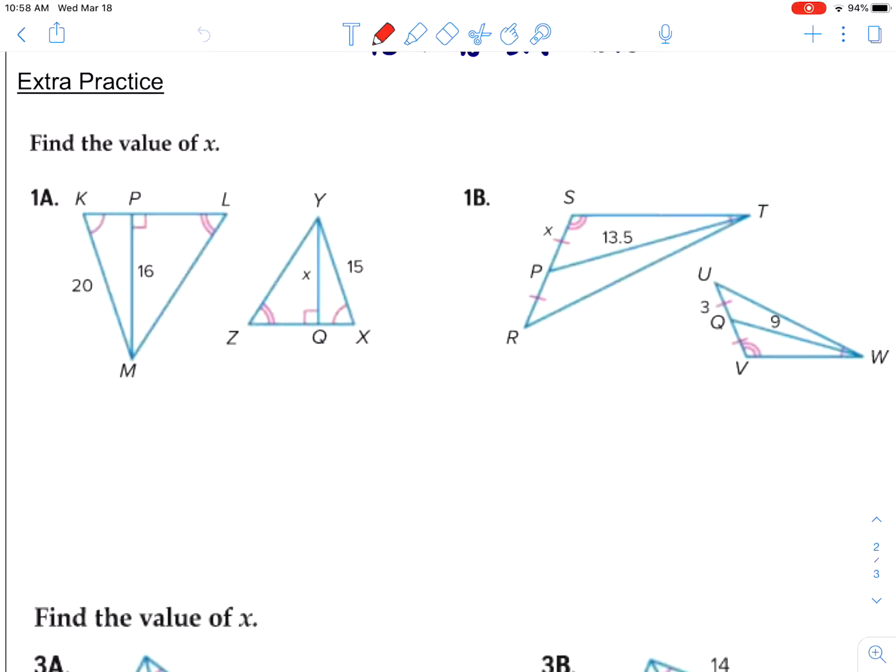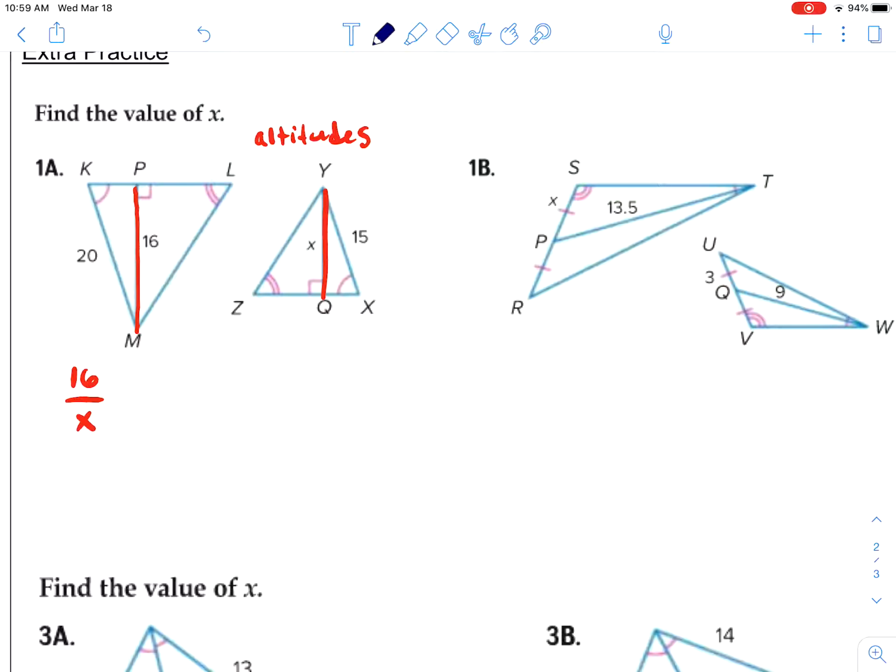So I'm going to compare those two, and then I'm going to compare the corresponding sides. So we will look at the 16 goes with 20, and then the 15 over here. So 16 over x is equal to 20 over 15.